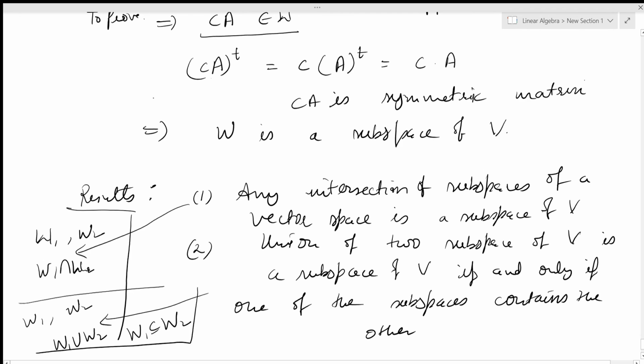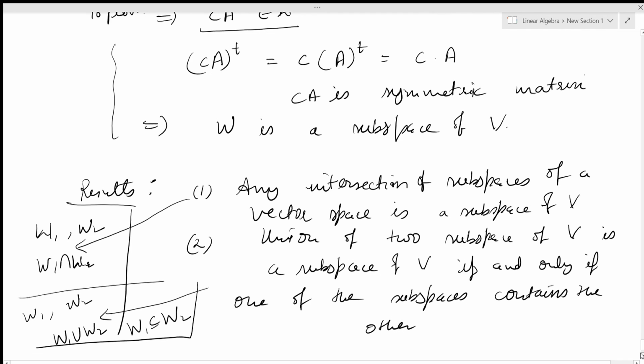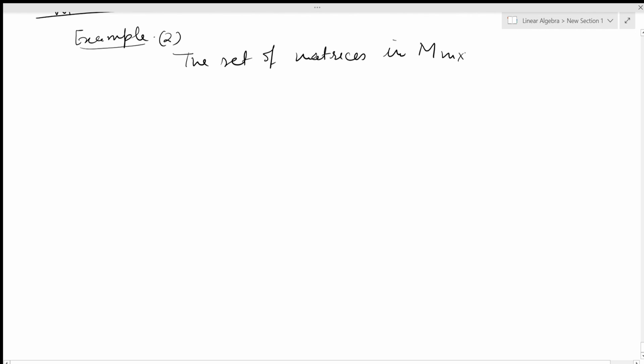So we discussed one example, that is, prove that W is a subspace. If there is a question like check whether it is a subspace or not, what do we have to do? Like this, we can discuss one more example. Example 2. The set of matrices in M cross N over R, where the field is real numbers here, having non-negative entries.